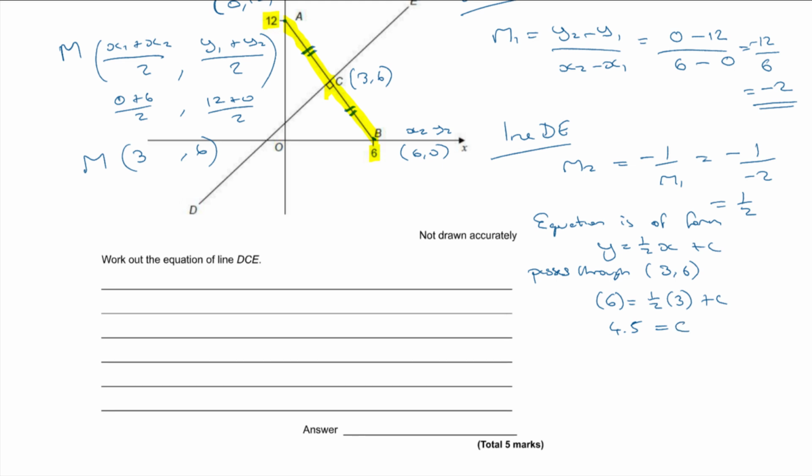So c is 4.5. So then I make the equation y is equal to a half x plus 4.5. Is that what we needed to work out? Yeah, just work out the equation of the line. So that's it. Y is equal to a half x plus 4.5. Okay?